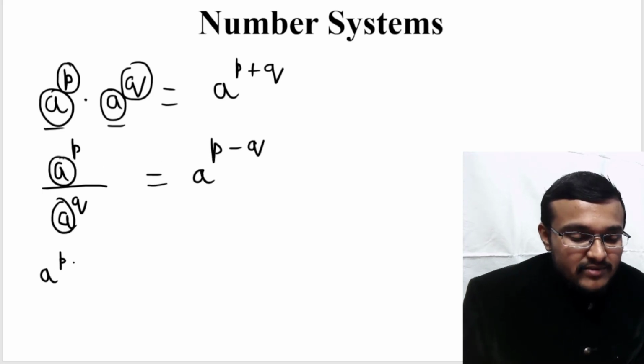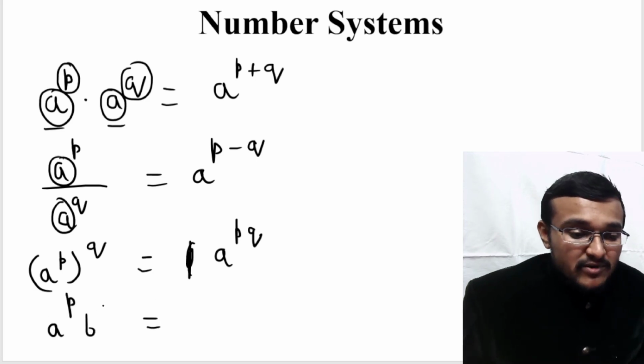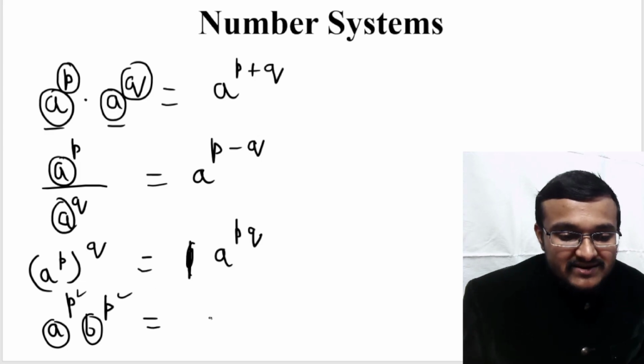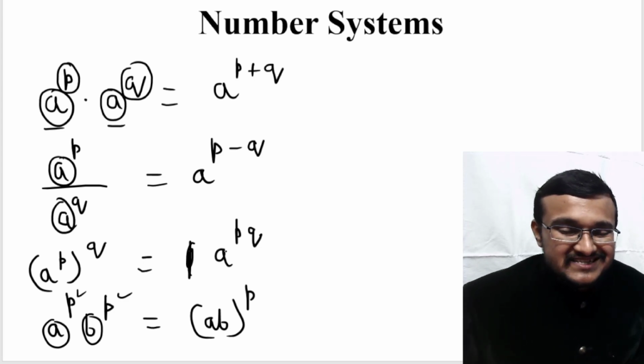Now if you have a power p whole power q, then you can write this as a power p into q. When you have a power p and b power p, that is base is different but exponents are same, then you can write this as ab whole power p. So these are the exponent laws.